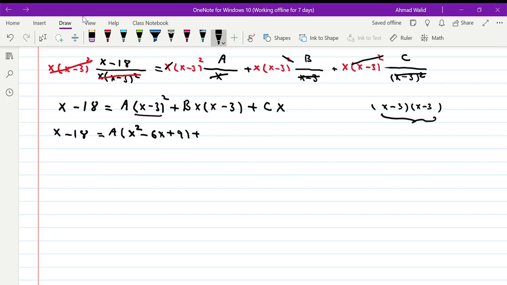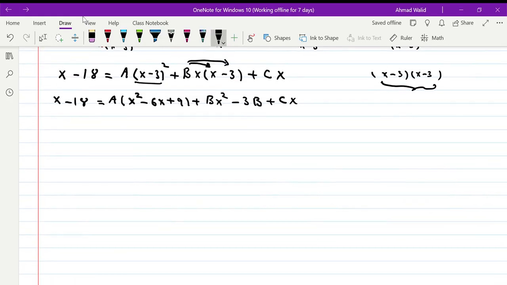Plus, here distribute the b to the parentheses, which gives you bx squared minus 3bx, plus what? Cx. You see, I'm going step by step. I take the time. I don't want to make a mistake. Then x minus 18 equals, now I'll distribute a to the parentheses.